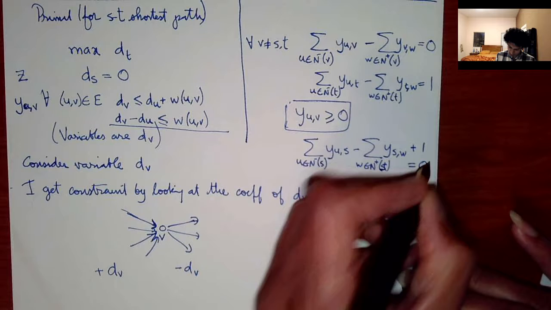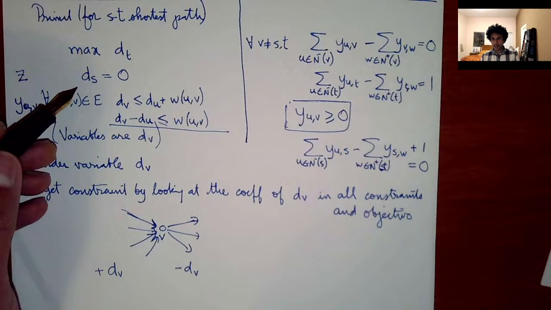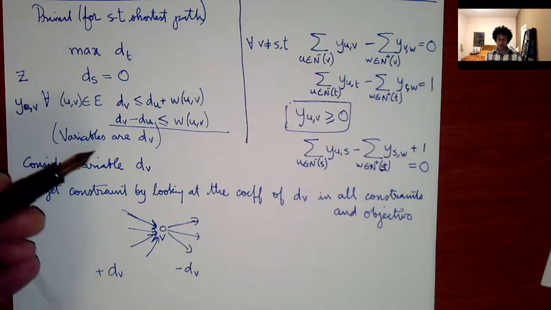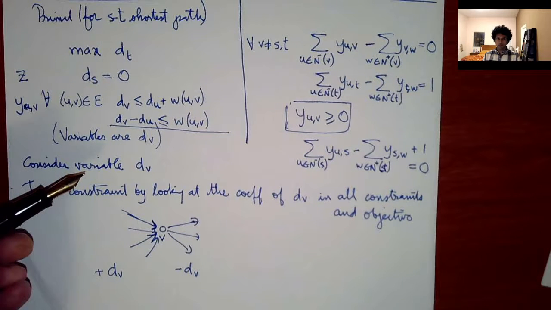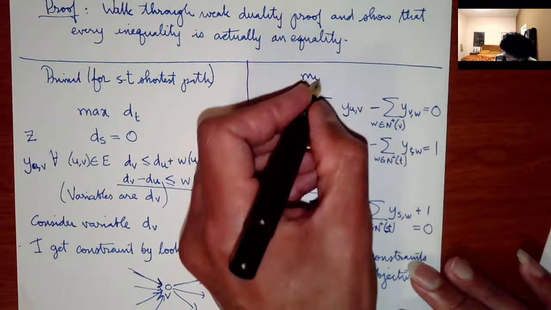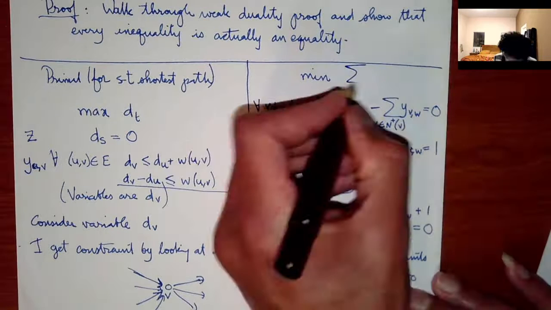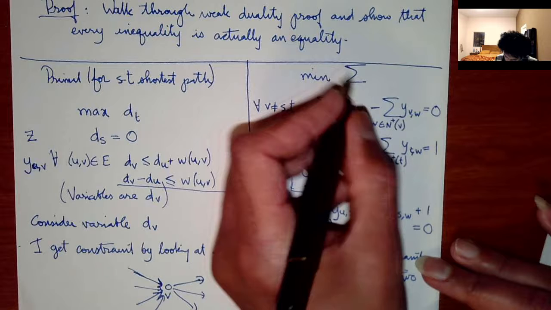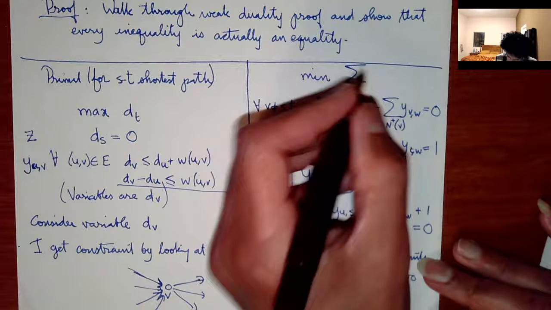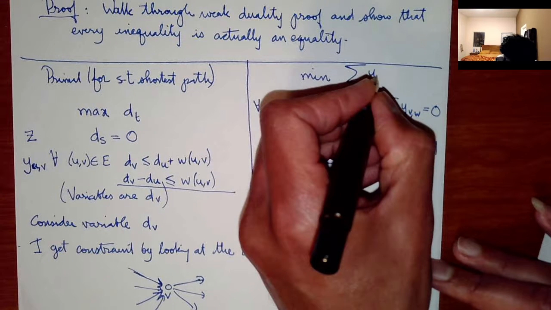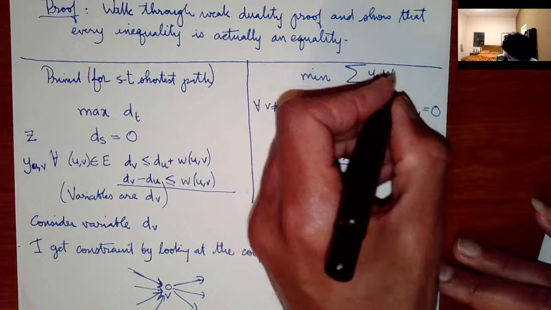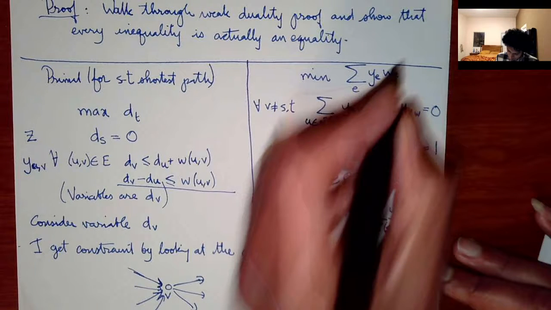Because I get a plus 1 from the d_s. I look at d_s everywhere. Okay? And now I'm going to minimize the summation over all edges of y_e times the weight of e.